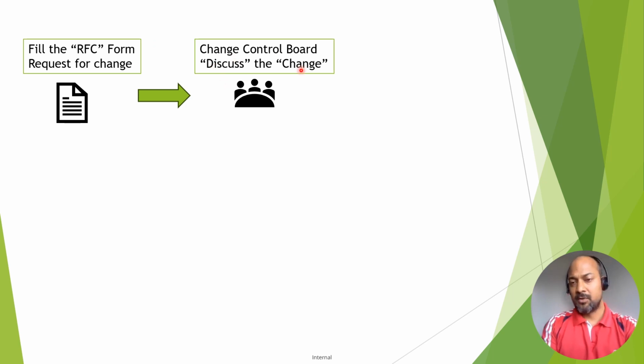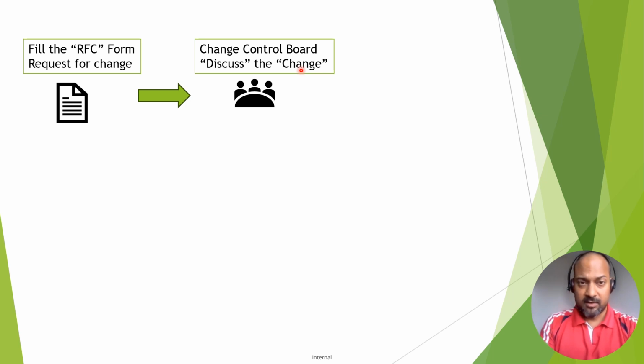The change control board comprises stakeholders who have control over the solution from different departments. It could be one from IT, one from the business, one from the super user, or someone from operations who is using the solution.